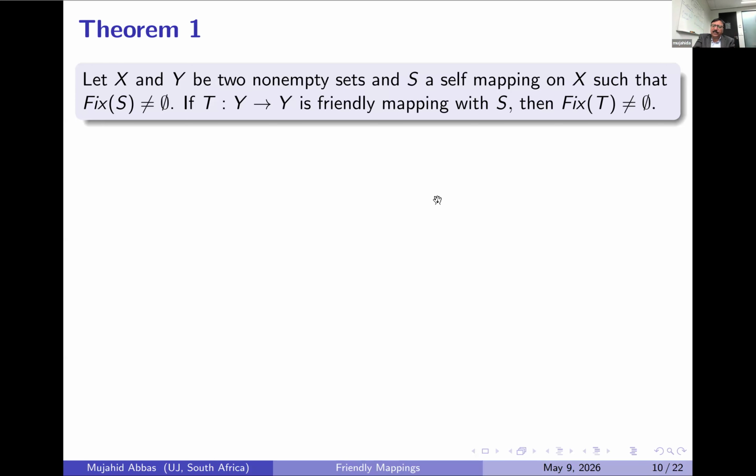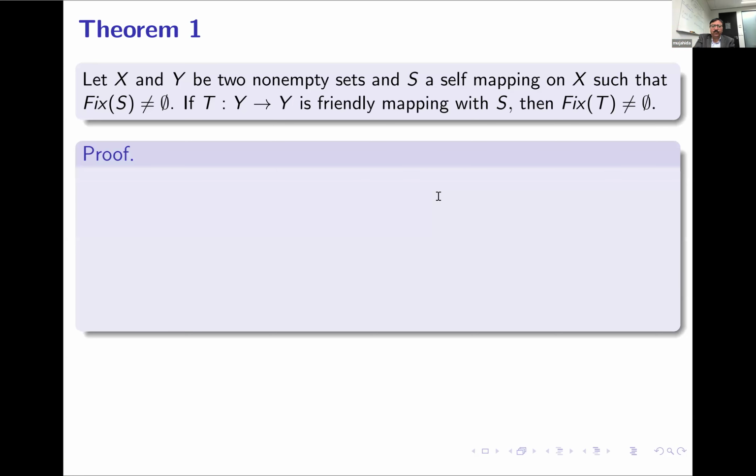So if you look at this very basic structure, we are not requiring any topological or metric structure on the underlying sets. We are not requiring any topological structure of the mapping as well. We are not requiring continuity, non-expansiveness, or contraction. We are simply saying that one mapping is friendly with another, and if one has a fixed point, then the other also has a fixed point.